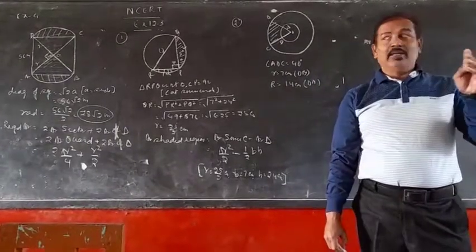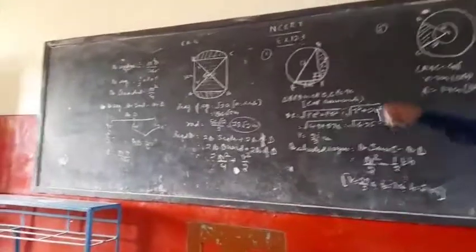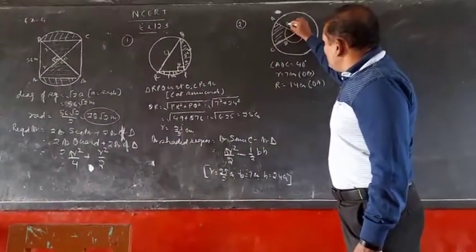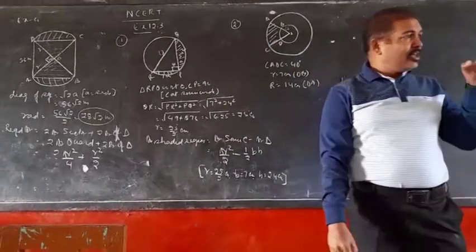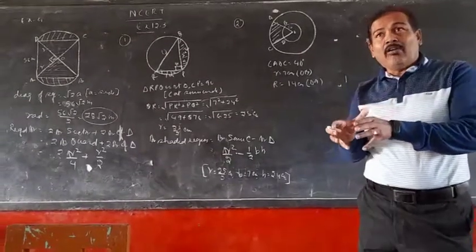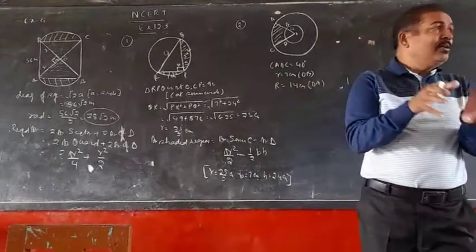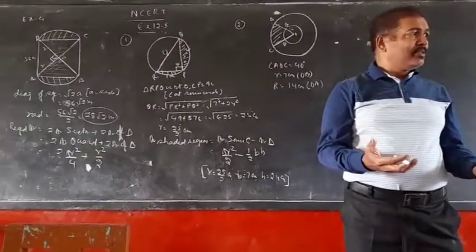Anyone? Sejal. It is a sector of the bigger circle, and this OBD is the sector of the smaller circle. So the shaded region is the region when we subtract the area of the smaller sector from the area of the bigger sector. Simple question, very easy, children.